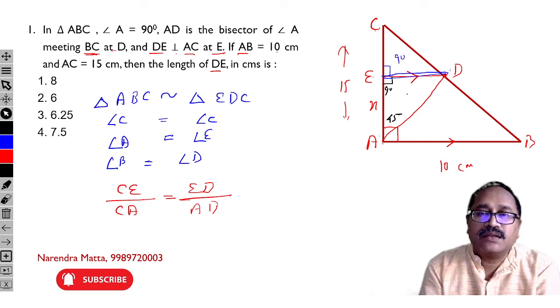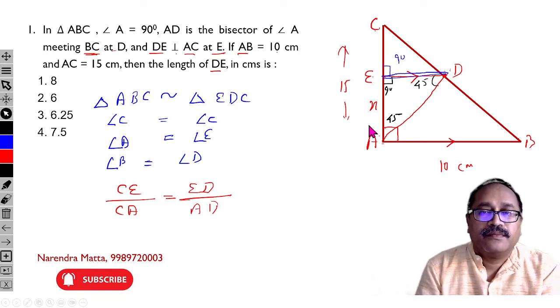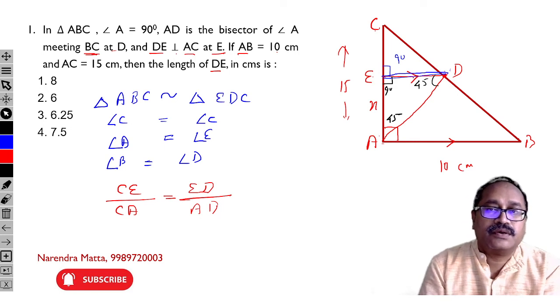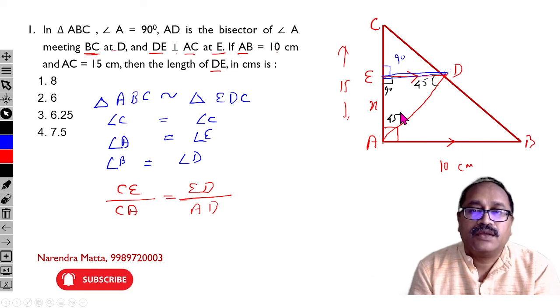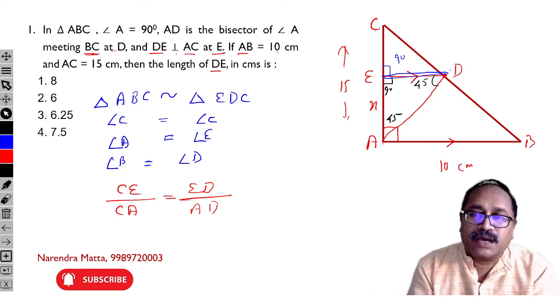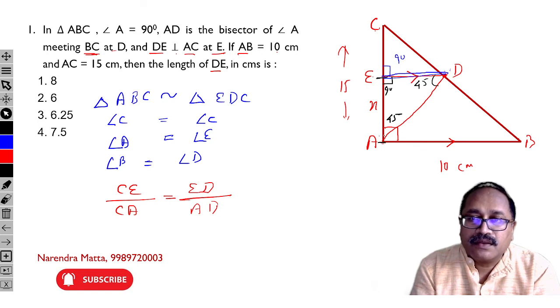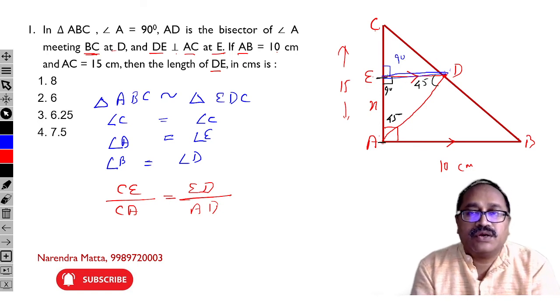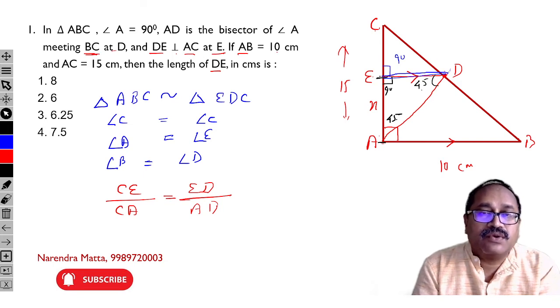This angle is 45, because the total of the angles of a triangle is 180 degrees. So EA will be equal to ED, because if the angles are equal, their opposite sides are equal.